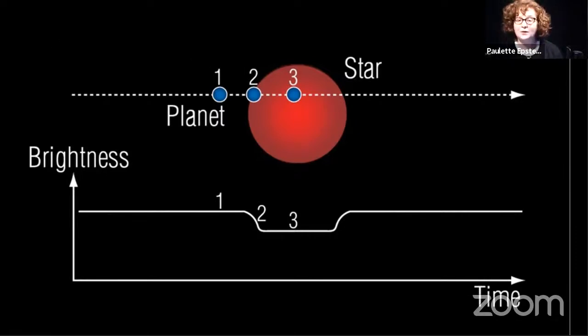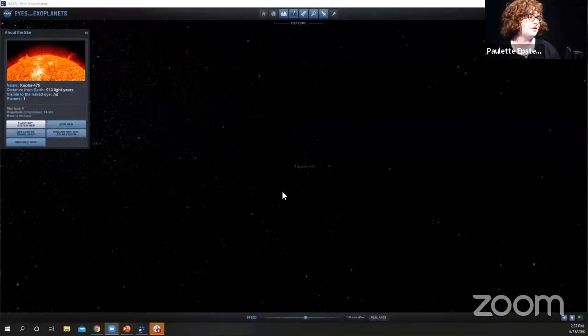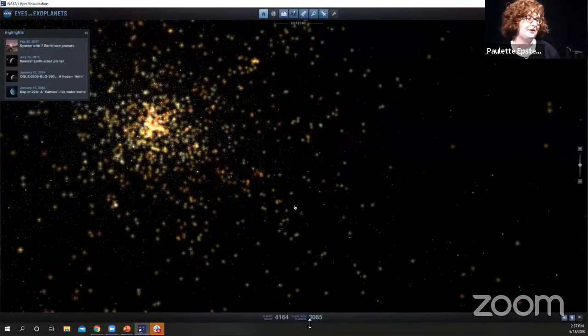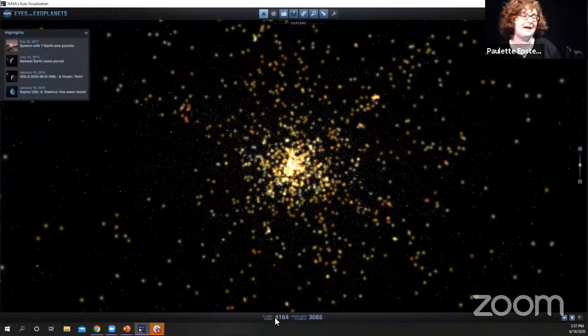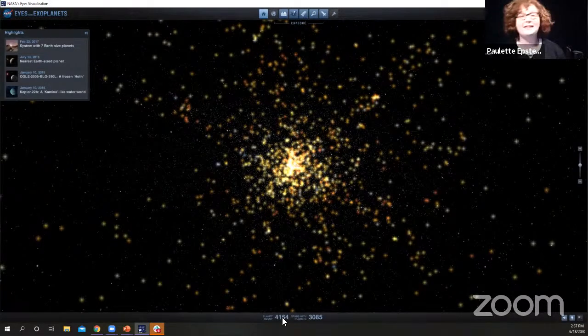It turns out that we've actually been able to find over 4,000 exoplanets. So exoplanets, planets orbiting around other stars, we've been able to find so far 4,164. And this is changing all the time.